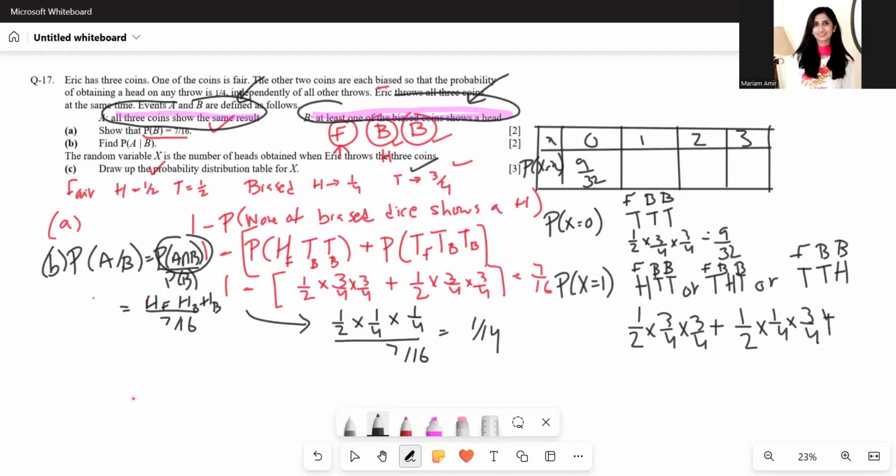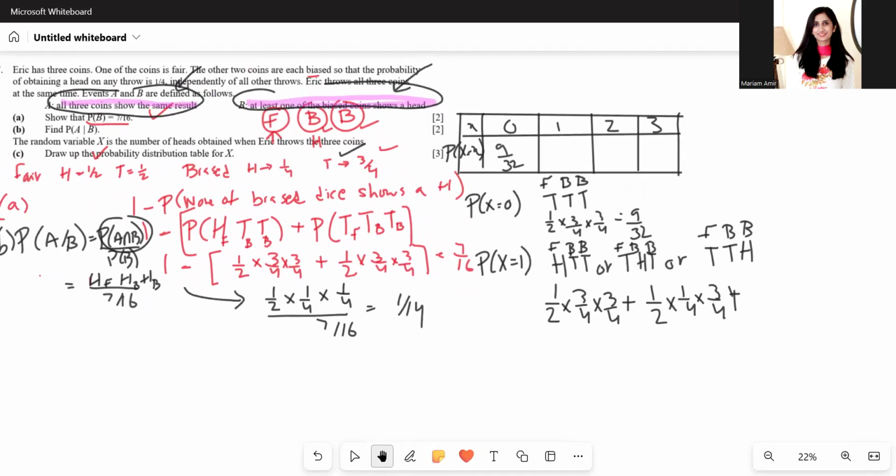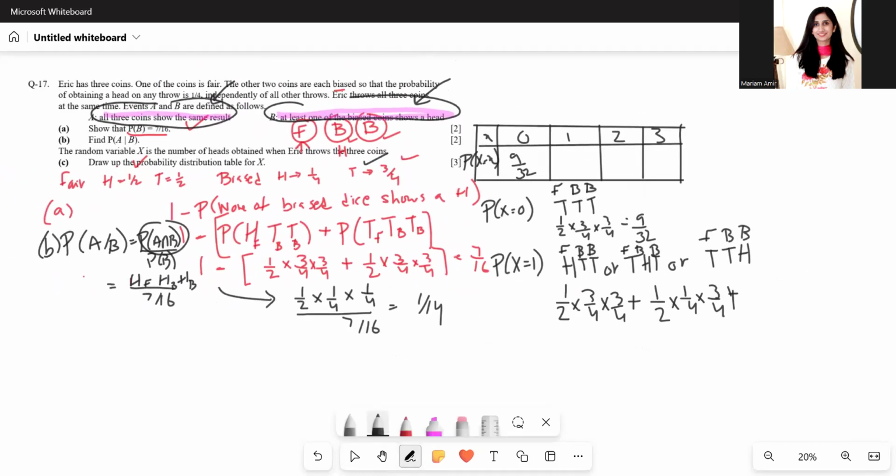Similarly, plus tail on a fair coin is half, tail on a biased coin is 3 by 4, and head on a biased coin is 1 by 4. These are actually equal. We could have just doubled this and gotten the same answer. Okay, this gives 15 by 32.